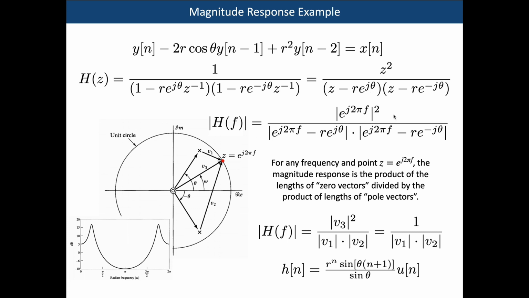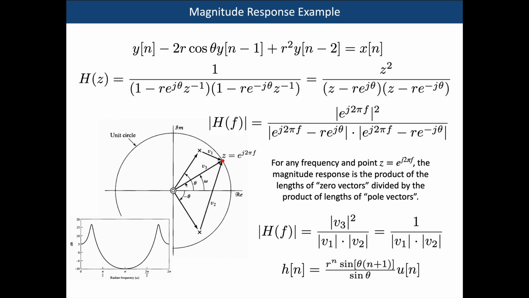We can take the magnitude and study the magnitude of that transfer function, giving the magnitude response, and we can see what's happening. So let's pick a frequency and say z is equal to e to the j2 pi f, the frequency in question. What we'd like to do is evaluate the magnitude response at that frequency f. So I've put a red circle right here on the unit circle, which is the point corresponding to the frequency in question.